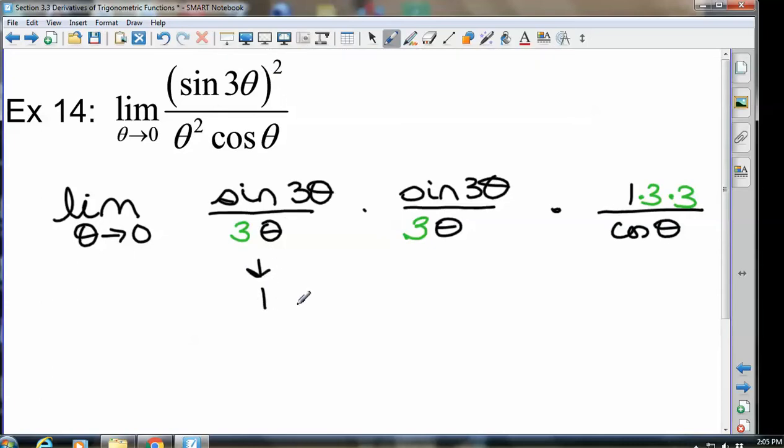So sine 3 theta over 3 theta would go to 1 times 1 times 9 over cosine of 0 is 1. We get 9.